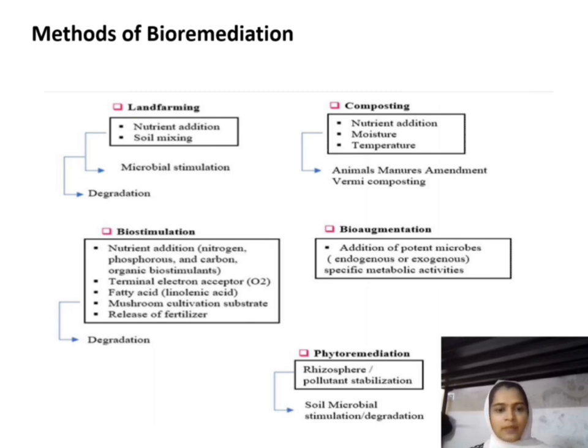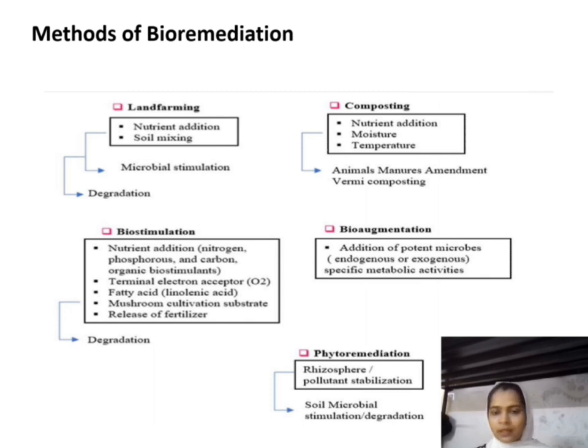And in biostimulation, we need nutrient addition like nitrogen, phosphorus, and we need a terminal electron acceptor like O2, or a terminal electron donor and a fatty acid. In this case, mushroom cultivation substrate is used, and these will start degrading the carbon in the crude oil contaminated soil. The other one is bioaugmentation.